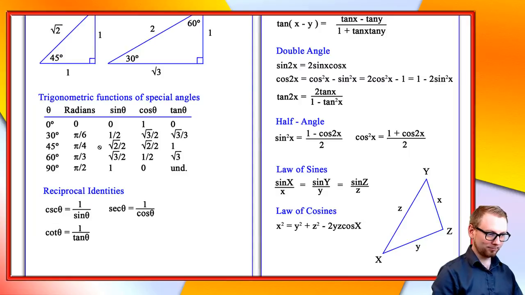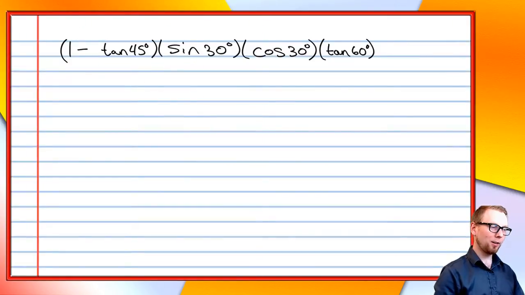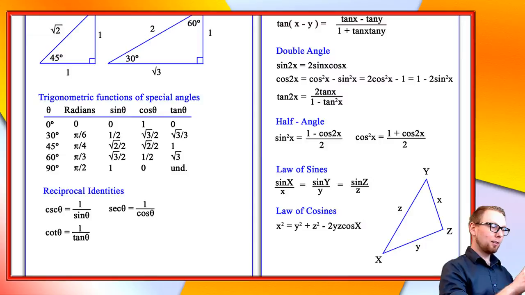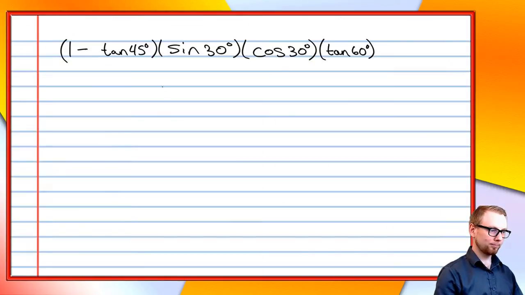So, let's work through it. 1 minus tan of 45 degrees. What is tan of 45 degrees? Tan 45 degrees, 1. Oh, that was easy.